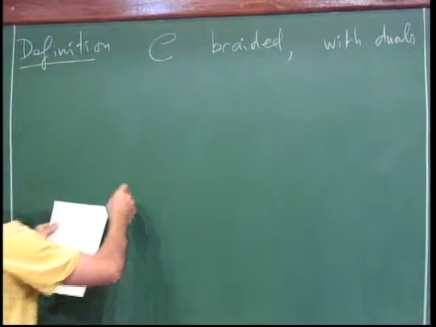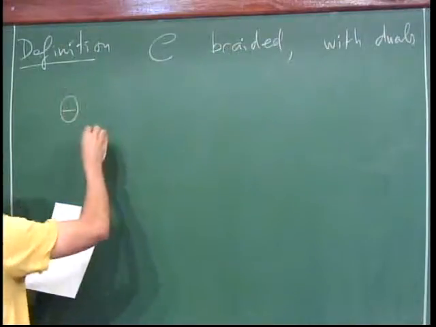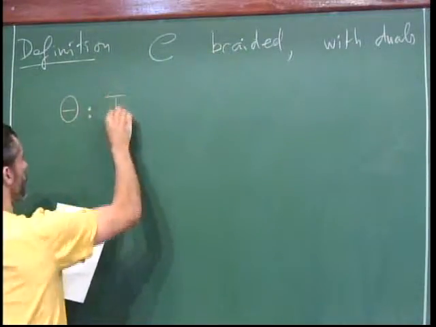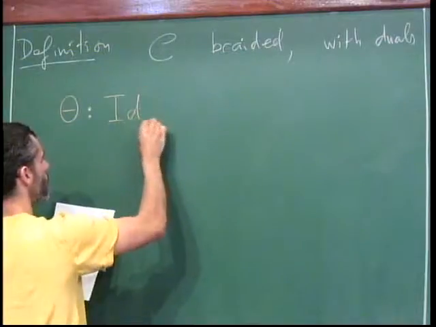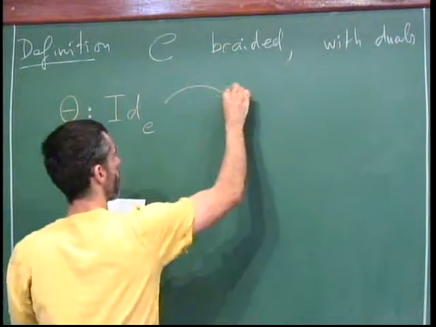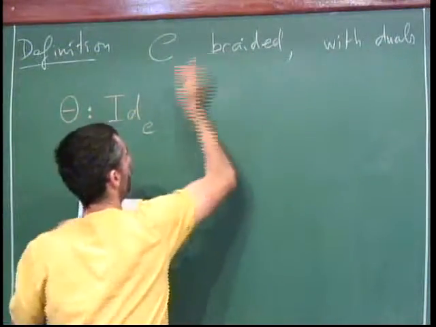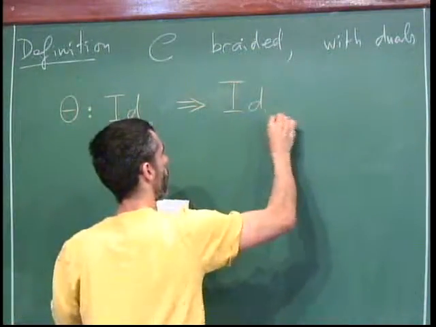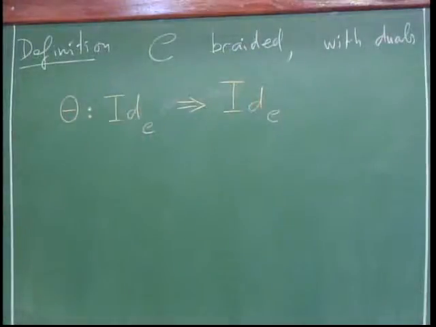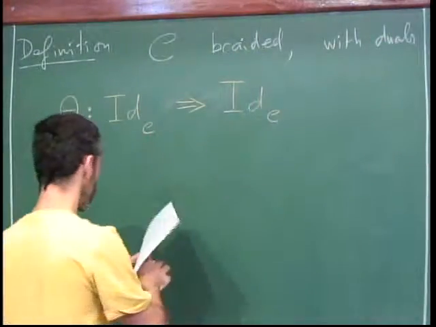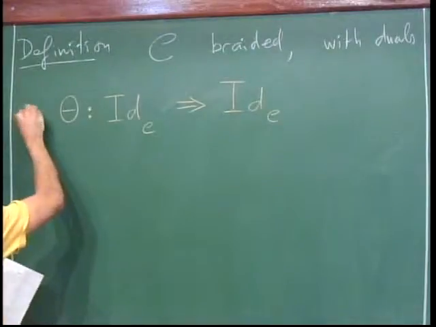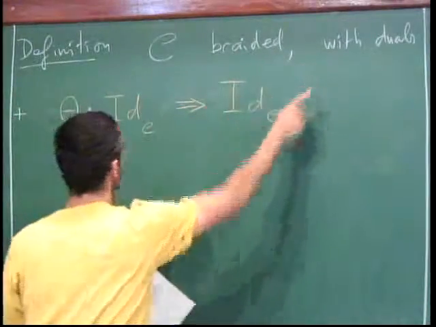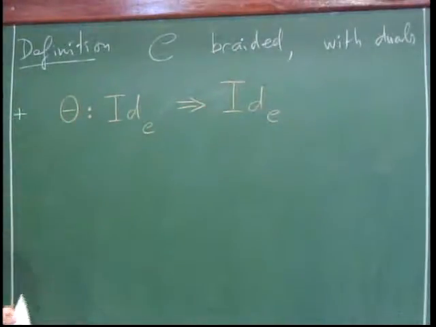That's called a twist. And Chris talked about it already. A twist is a natural transformation from the identity functor to the identity functor on C. So if I have a braided category with duals plus such a thing satisfying some axioms, then that's called a ribbon category.